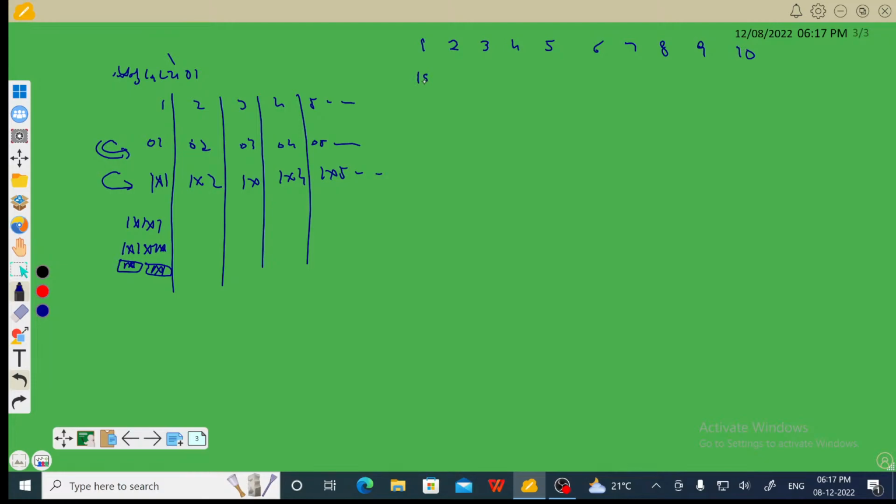For one we can have one space, we can have two space, and so on. Here we can have hypercube 1, hypercube 2. Here we can have one space content, two space content.